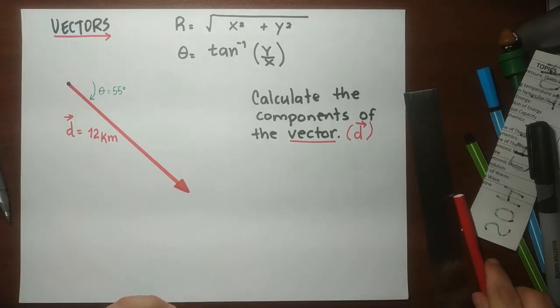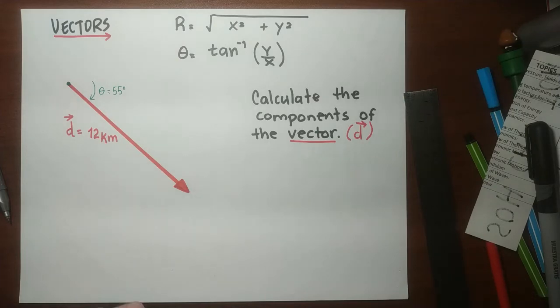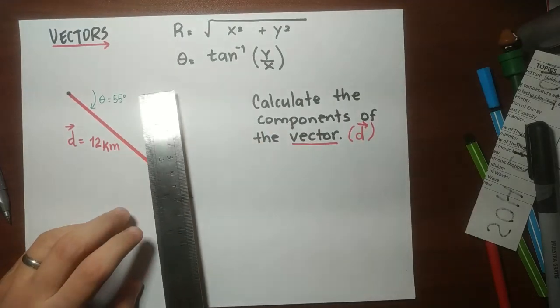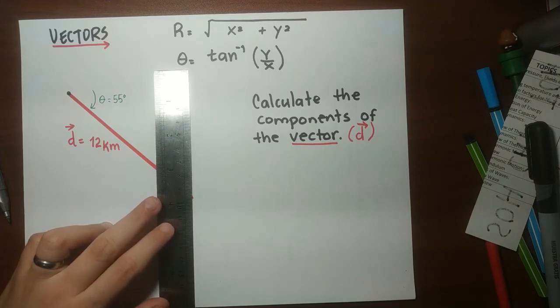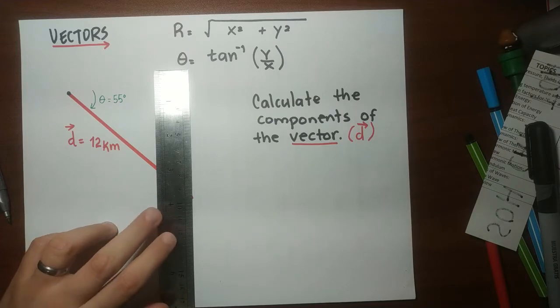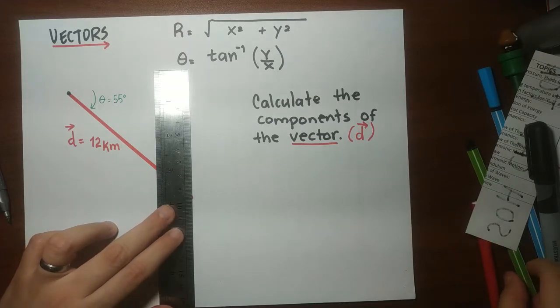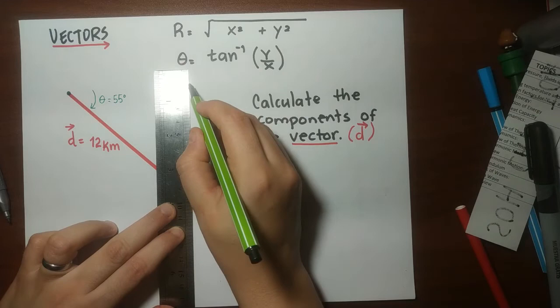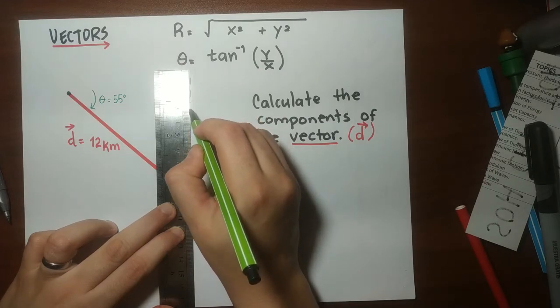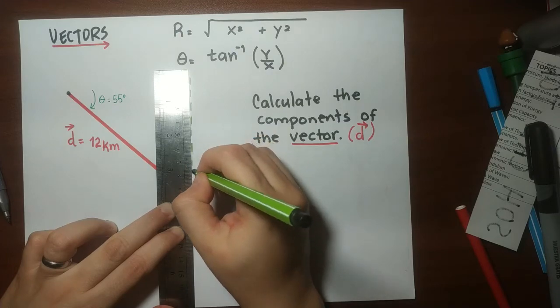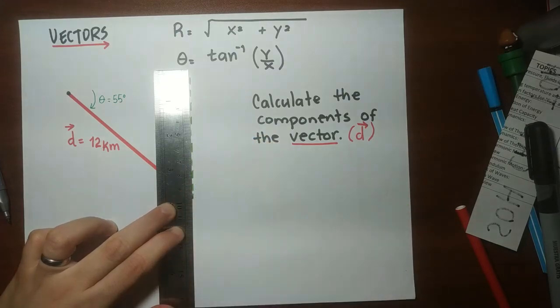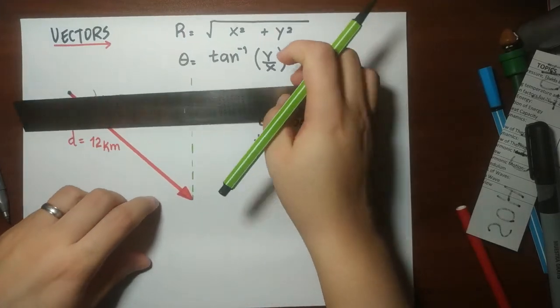Well, first of all, what I always suggest is that you complete your vector by tracing some vertical and horizontal lines. So what I do is I make a dash line here, vertically and horizontally to my vector. There you go.